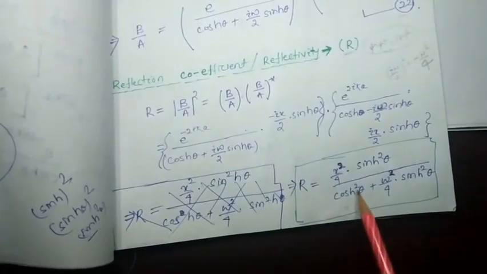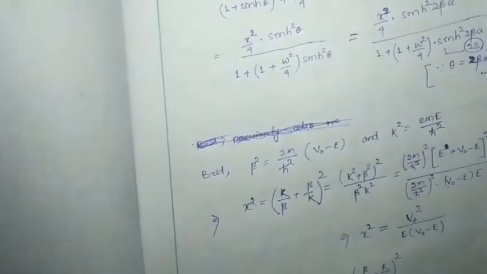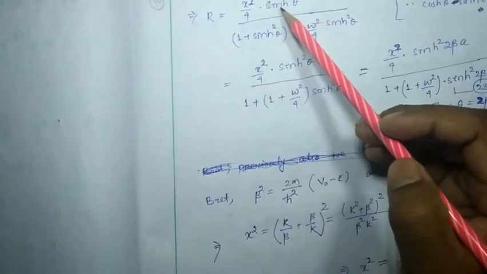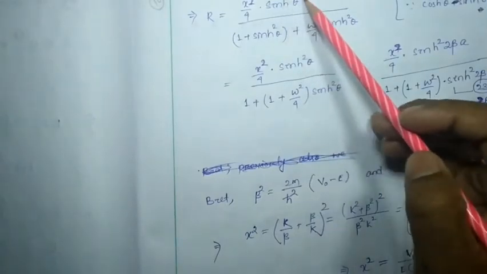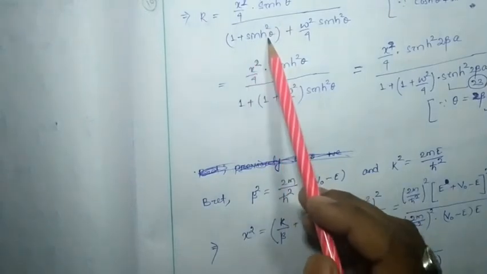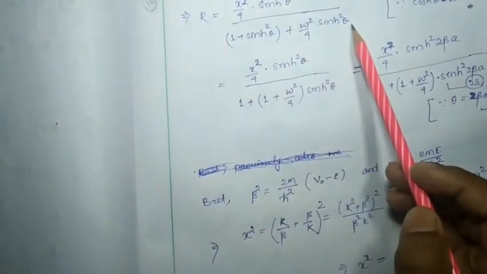So instead of cosh² θ we can write 1 + sinh² θ. So the numerator part is (x²/4) sinh² θ divided by 1 + sinh² θ + (ω²/4) sinh² θ.